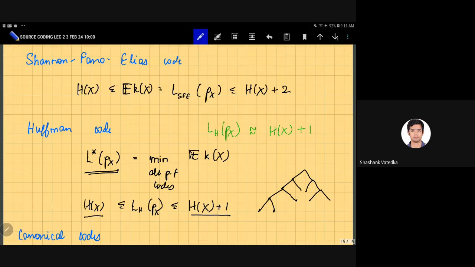It doesn't have to be exactly H of X plus 1, even something close to H of X plus 1 will do. Can you give an example?